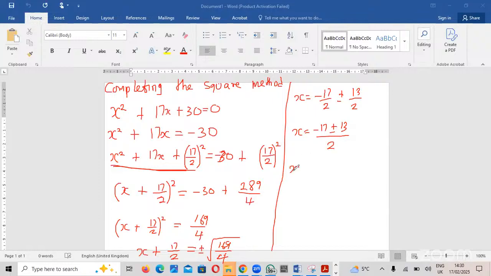That is, minus 17 plus 13 over 2 or minus 17 minus 13 over 2, which gives s is equal to minus 2 or minus 15. Is that okay?